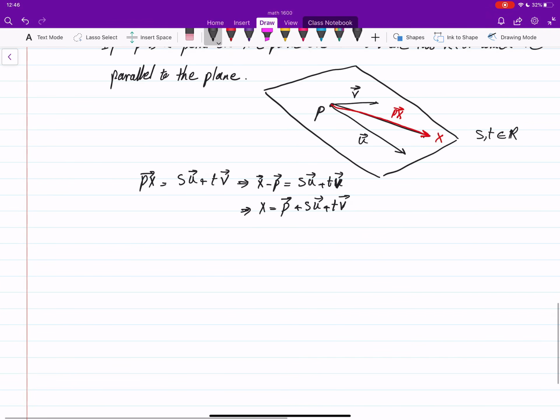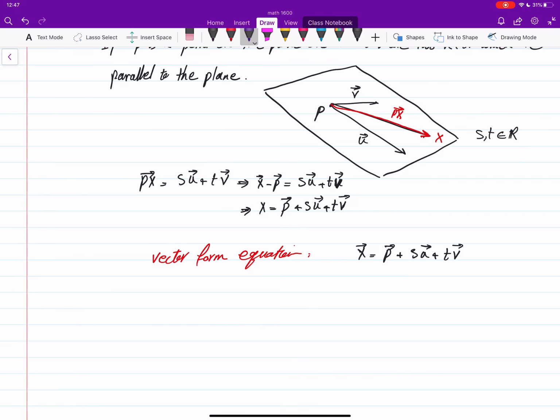And that is what is called the vector form of the equation for the plane, which is x equals P plus Su plus Tv.